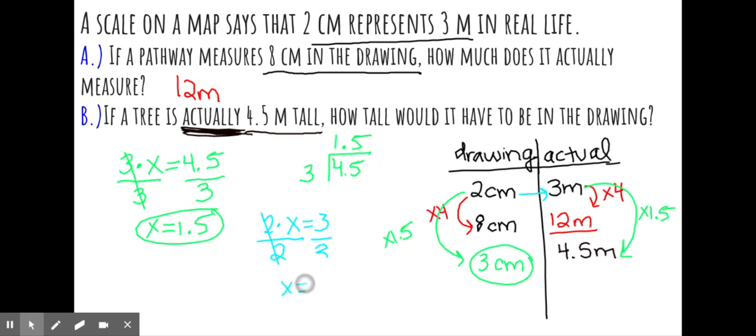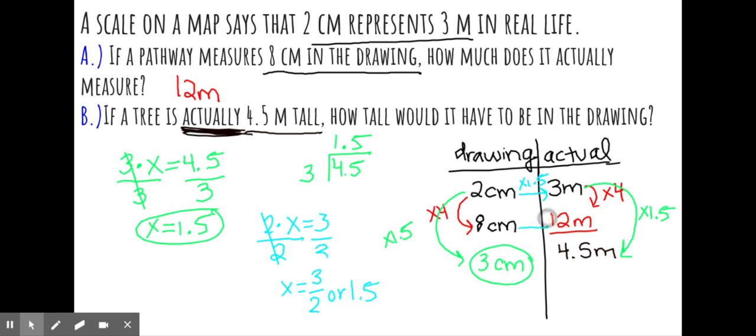So x is equal to 3 over 2, or that's 1.5. So to go from the drawing number to the actual number, you are multiplying by 1.5. So for every 2 centimeters, you have 1.5 times that many meters.